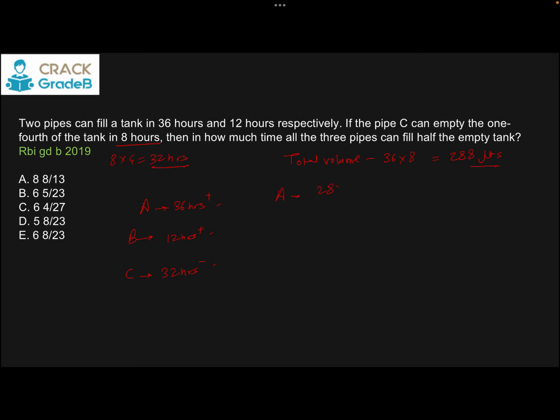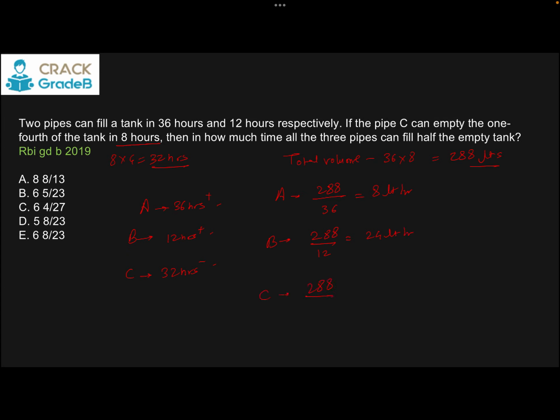Now A fills 288 liters in 36 hours. So the rate of A is going to be 288 upon 36, that is 8 liters per hour. B fills 288 in 12 hours, so its rate is going to be 24 liters per hour.